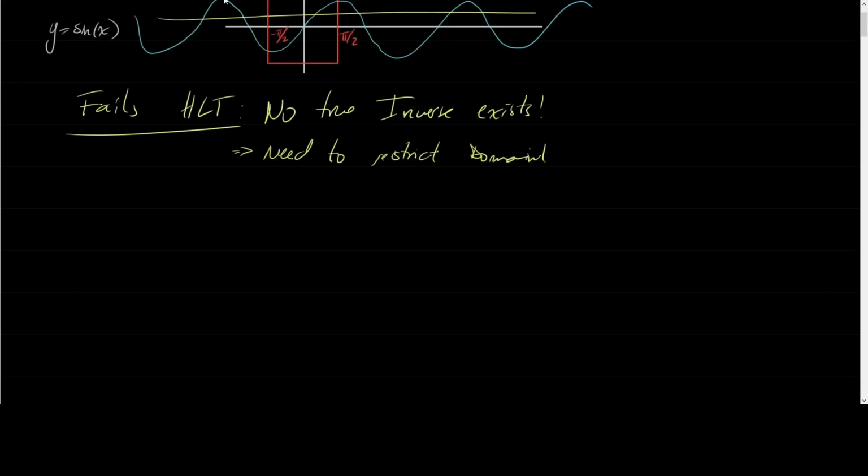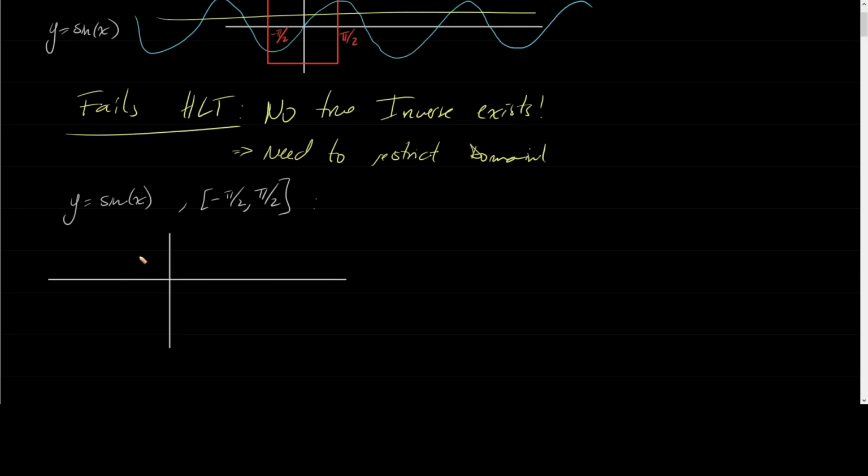So if we look at y equals sine of x restricted, and this is going to be restricted from negative pi over 2 to positive pi over 2, then we get the following. All right, let's do that better.